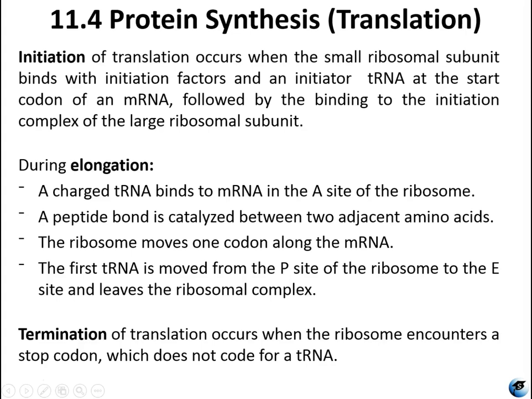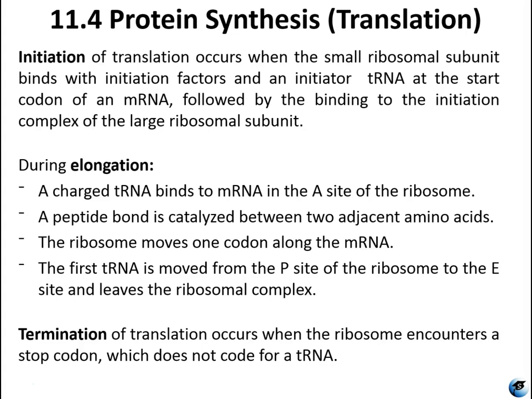That's initiation. Elongation, you have the tRNA binds directly to the mRNA in the A site of the ribosome. Then a peptide bond is catalyzed between the 2 adjacent amino acids, because remember, proteins are just long chains of amino acids, okay? So the ribosome moves 1 codon at a time along the mRNA.